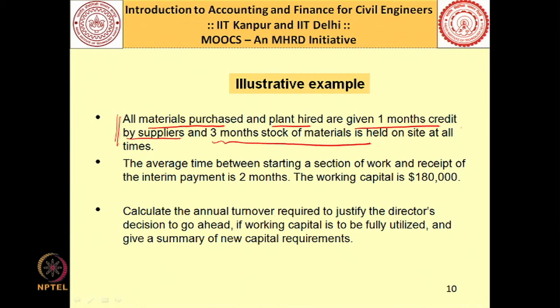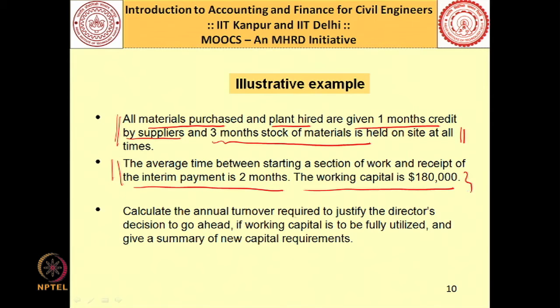So, 3 months stock of material is to be kept at the site all the time. The average time between starting a section of work and receipt of the interim payment is 2 months. So, that means you started the work and it takes about 2 months to get the payment, and the working capital has been estimated to be $180,000.